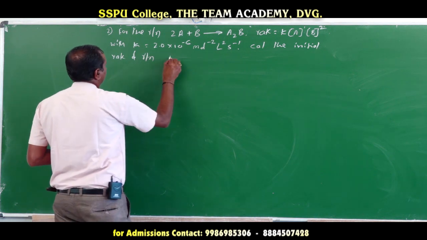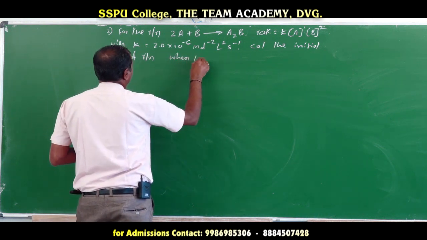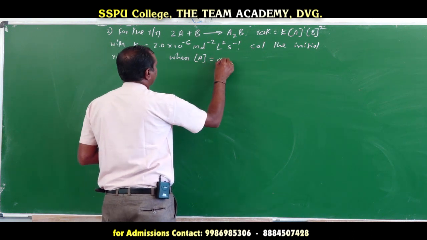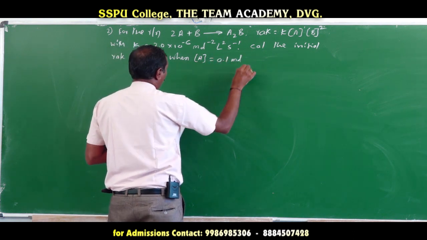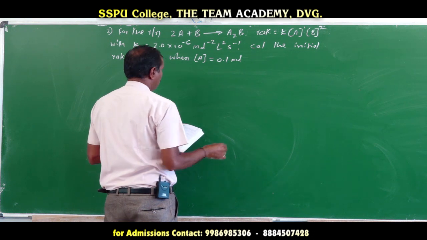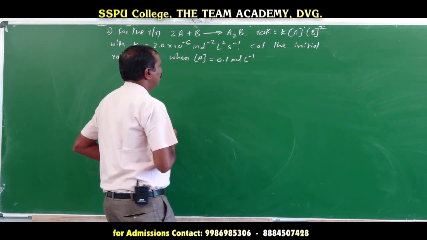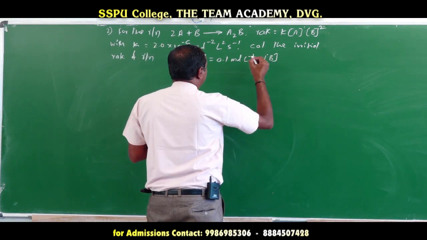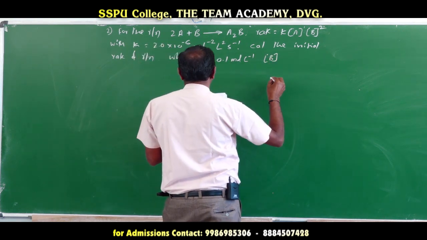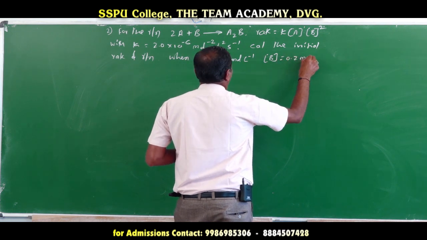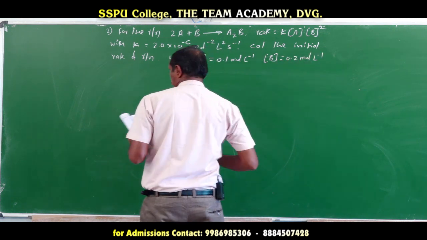When molar concentration of A equals 0.1 mole per liter, molar concentration of B equals 0.2 mole per liter. Okay.